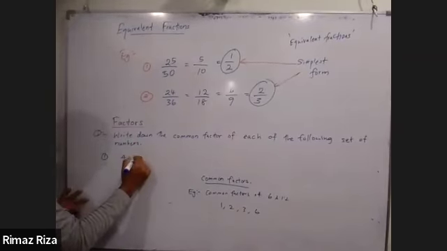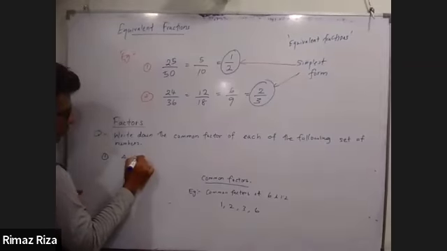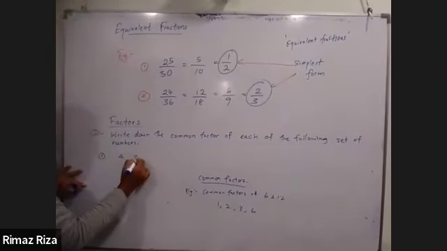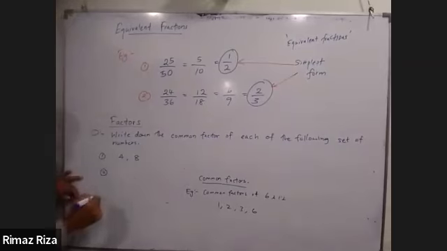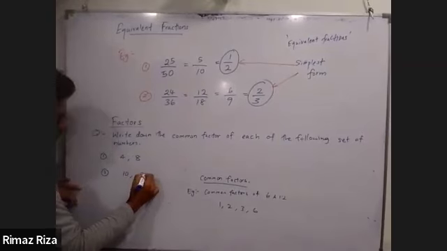4 and 20, 4 and 8. Start from the second one, 10, 20.